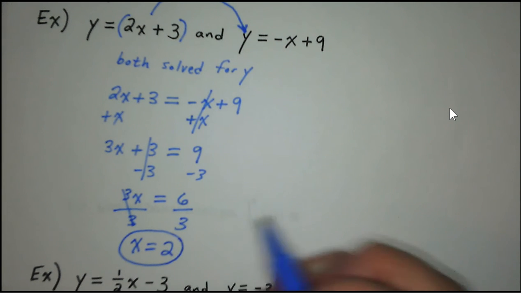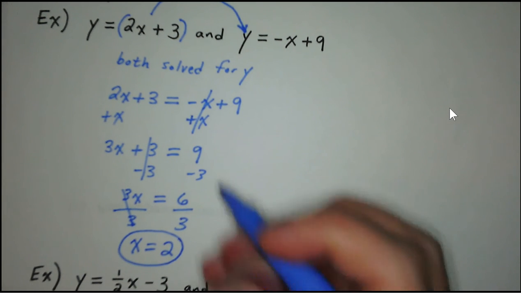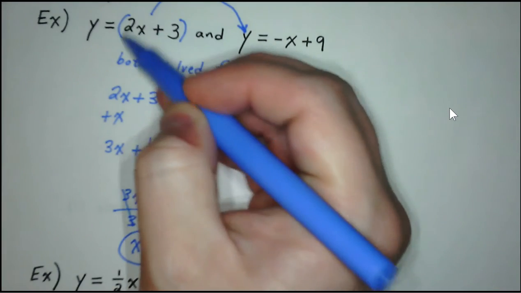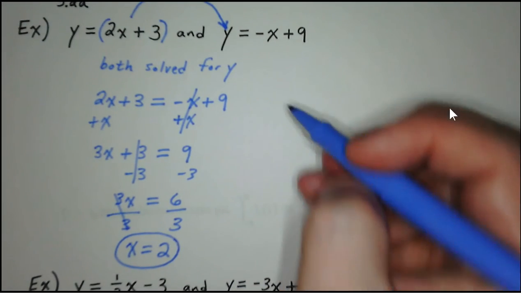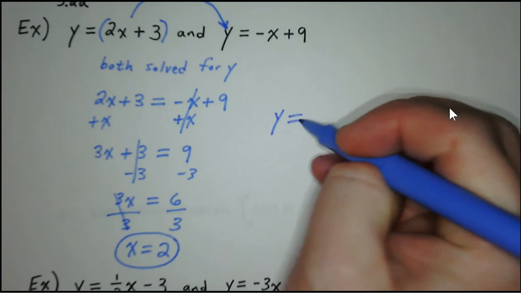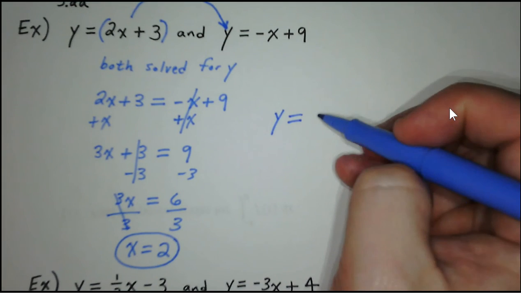But don't forget that you also need to figure out y. So you're just going to take this x equals 2 and plug it into one of these equations. It doesn't matter, but I'm going to pick the first one. So y equals 2x plus 3.